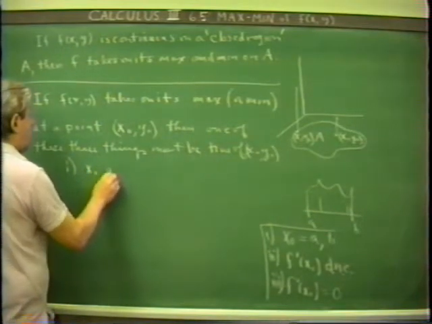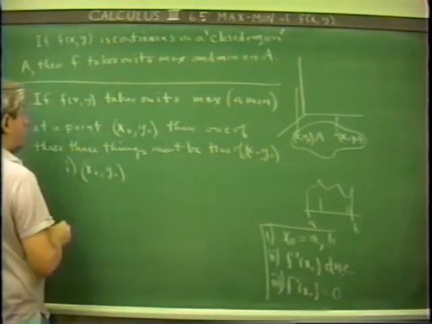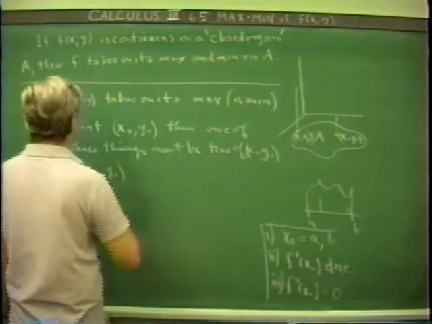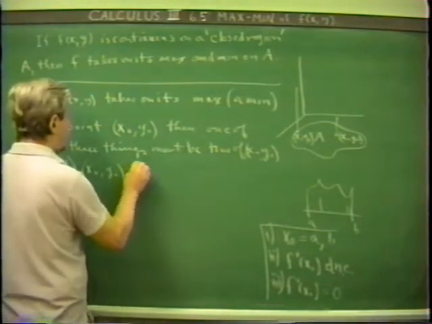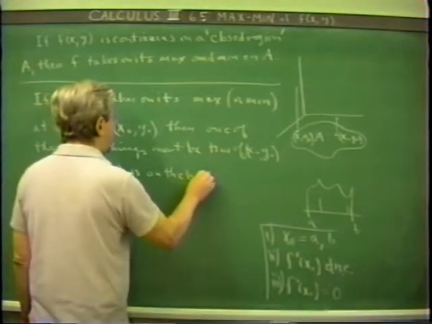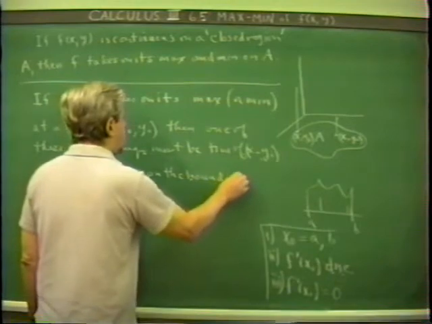Right? One, x naught, y naught, let's say that this is in A, is on the boundary of A.